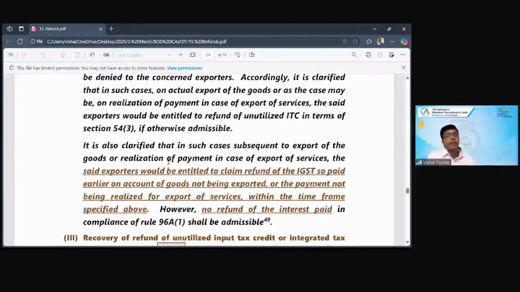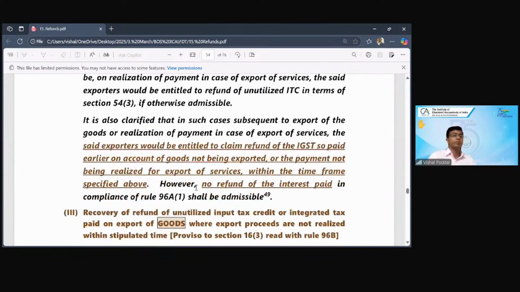So what is clarified? It is clarified that in case subsequent to export of goods or realization of payment in case of service, the said exporter would be entitled to claim the refund of IGST so paid earlier on account of goods not being exported or payment not being realized in case of service. However, no refund of interest paid would be allowed.